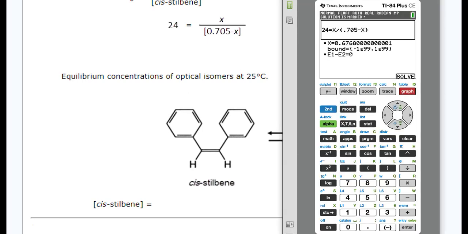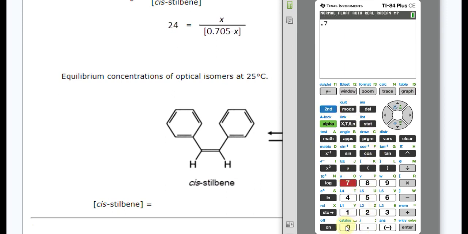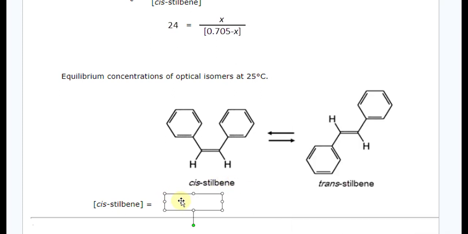I'll pull my calculator up again. And one of the nice things is once this is x, you know it's x. So I'm going to go back to the main window, quit here, and say I started off with 0.705 minus, I didn't have to remember that because I know this is going to be x, enter, and that's all I've got left.